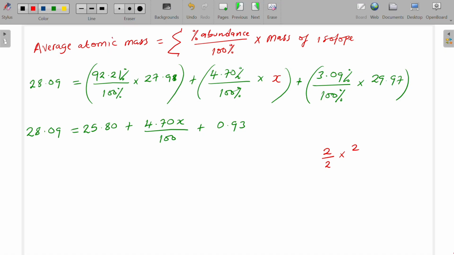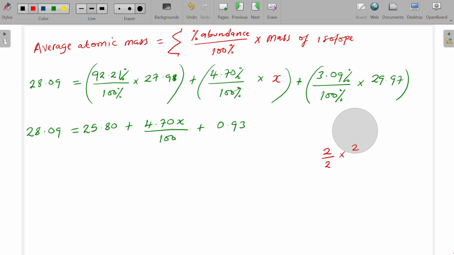This is the same as multiplying the 2 on top by that 2, and then dividing by 2. You can start by dividing 2 by 2 and then multiply by the other 2, or you can multiply the 2 on top by the 2 and then divide by this 2 here. You still get the same answer.